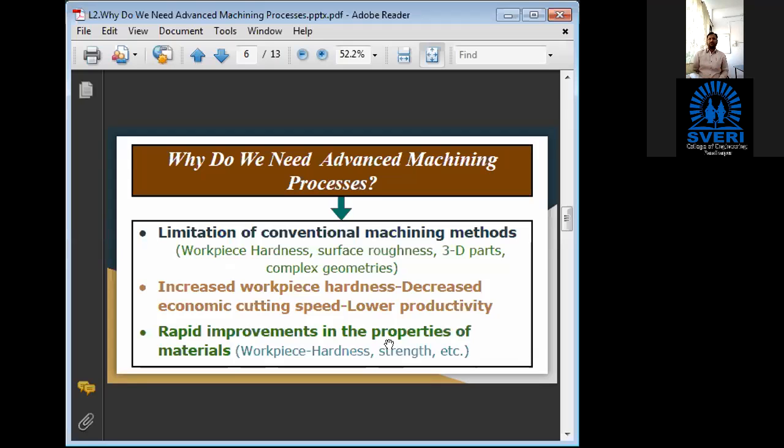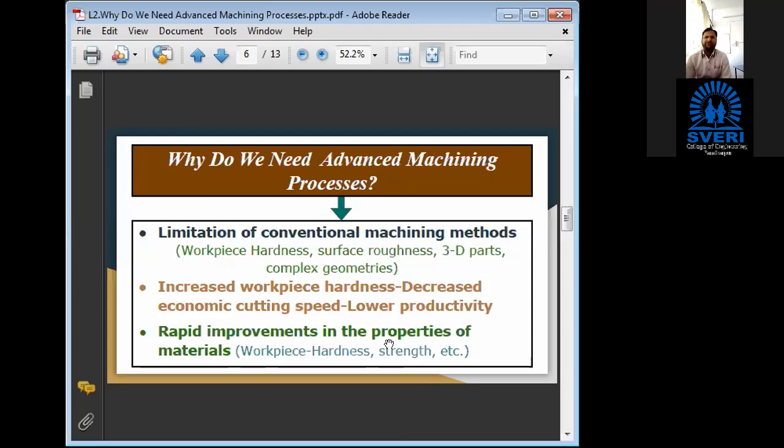So the question arises: how to make such a 3D component? Because we want high surface finish, surface roughness value should be very low, and we want accurate shape and size. Your turbine blade is 3D in nature, so how to make such a 3D component?